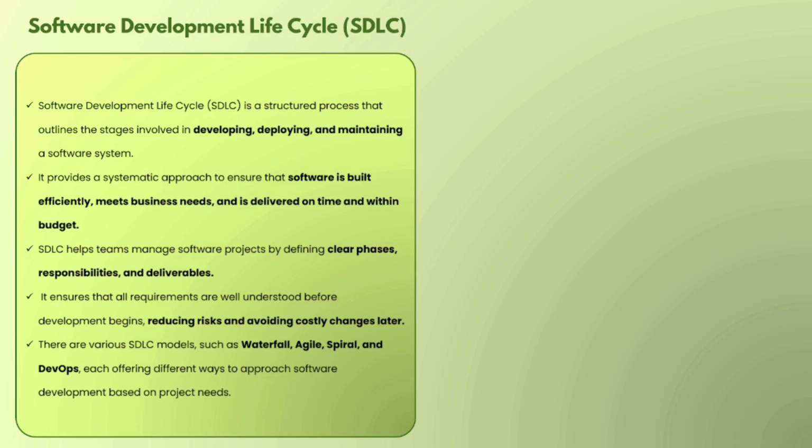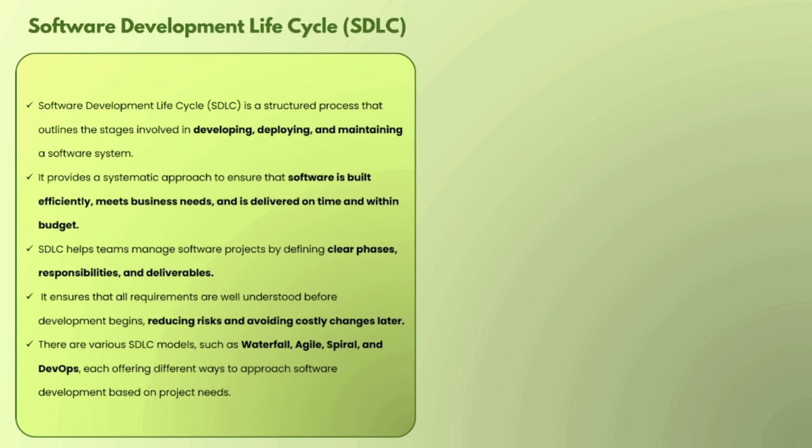This is why clear requirements are so important from the start, and this is why the BA role is so crucial. One mistake and everything gets messed up. And the last point: there are various SDLC methods such as waterfall, agile, spiral and DevOps, each offering different ways to approach software development based on project needs.